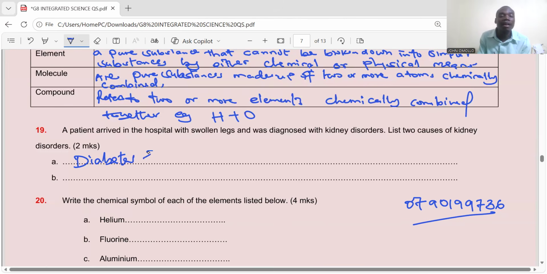Now, if you have either diabetes mellitus or the other type of diabetes, you are going to have a kidney disorder. Remember, the kidney always filters blood to remove wastes. One of the wastes removed by the kidney is urine, which gets out of the body via the urethra.